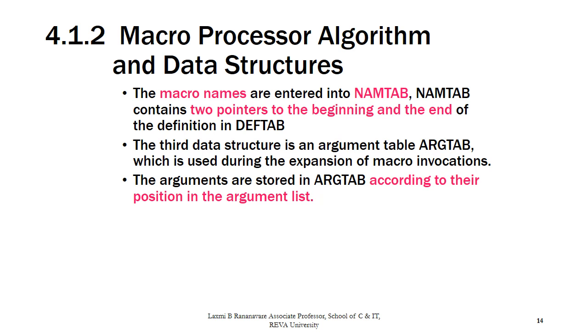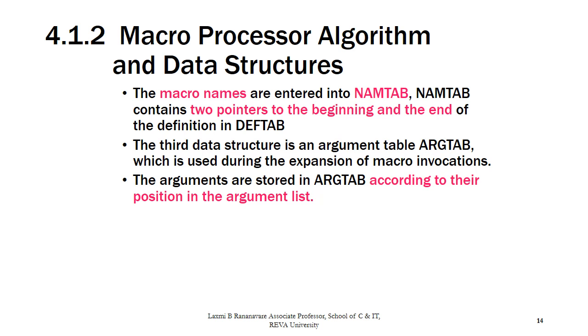When we say that the macros are defined, these macro names must be stored in a separate table called NAMTAB. NAMTAB consists of all the macros which are defined in the source program. It is a table which consists of the name of the macro followed by two pointers, the starting address and the ending address, which point into the DEFTAB, another data structure which we are going to see.